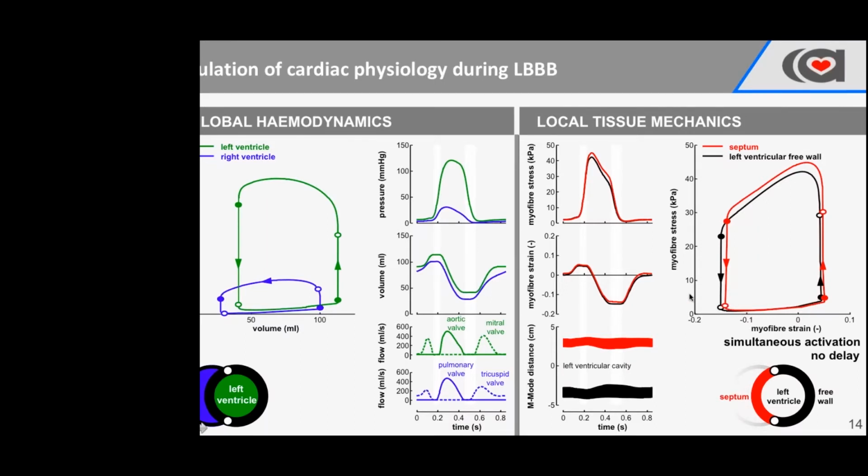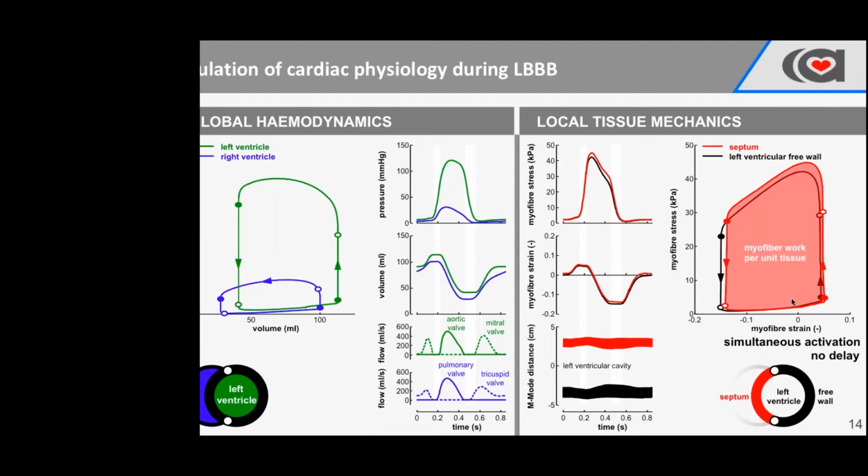The myofiber strain, myofiber stress loops here are, again, a measure of the local work performed by the septum or the free wall, and you have to multiply this by the size, the mass of the free wall or the septum, in order to derive the total work of that specific part of the ventricles.